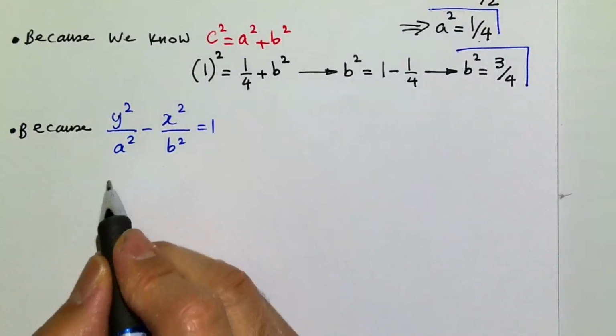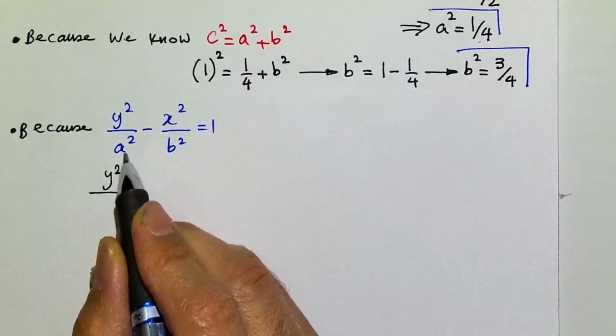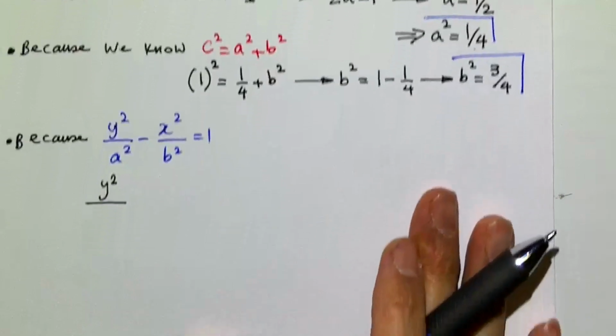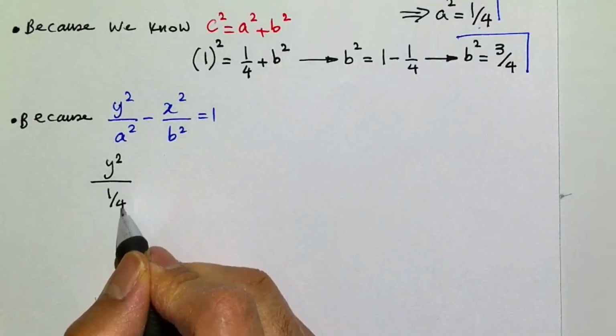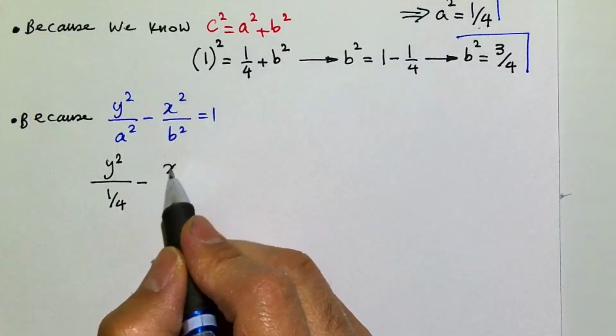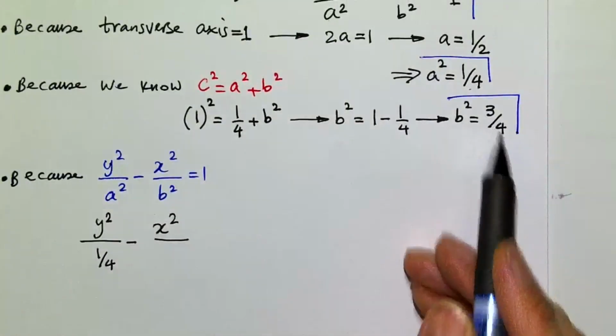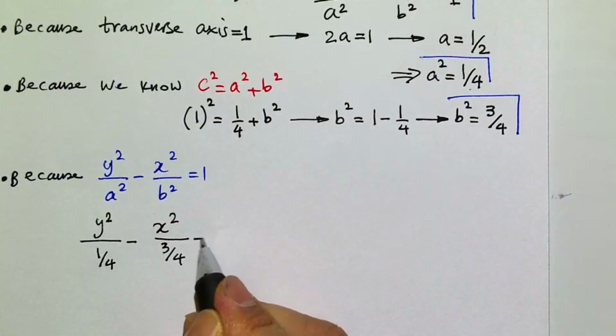So then y squared divided by a squared, which is 1/4, minus x squared divided by b squared, which is 3/4, must be equal to 1.